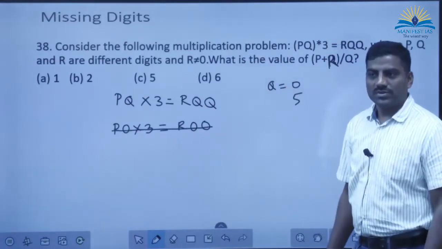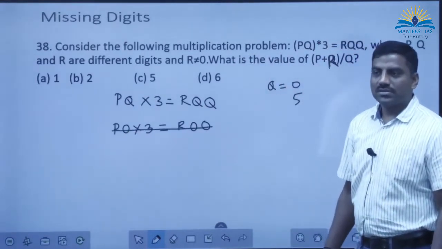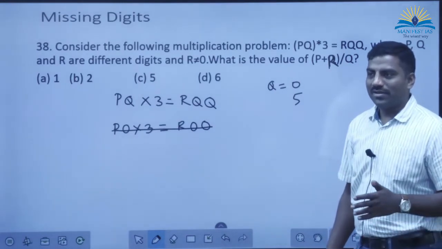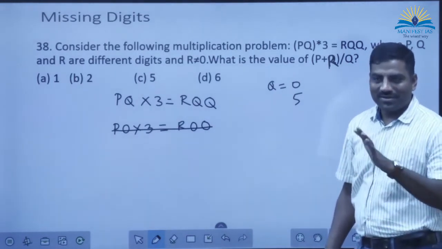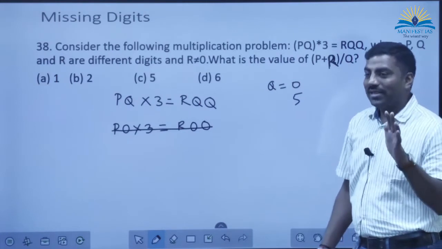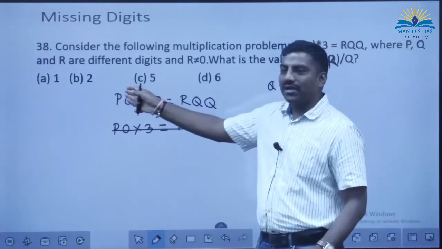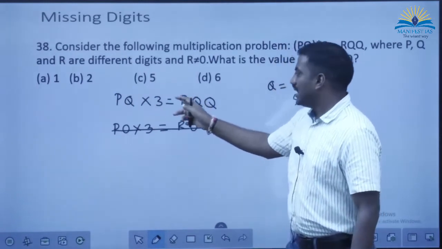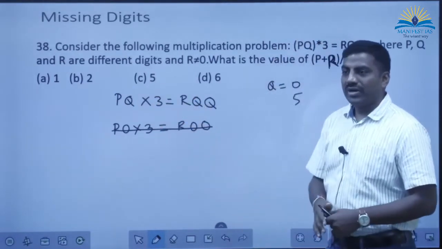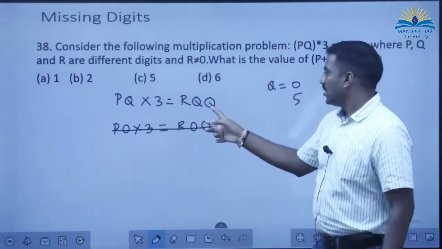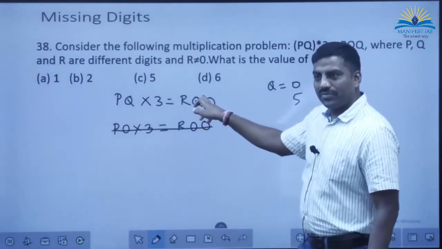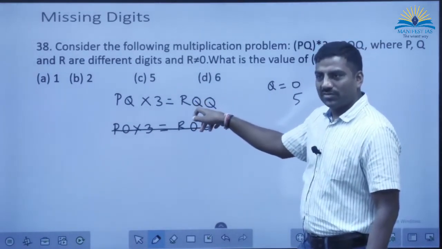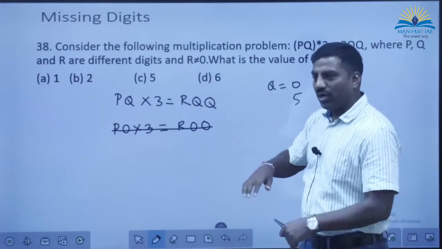Yes or no? You have to agree with me. Then, what is the highest value that we can assign? 9. Let's say 9 threes are 27. This is already 0. So basically 0 will not apply.